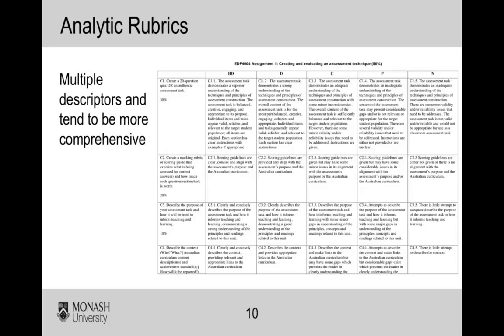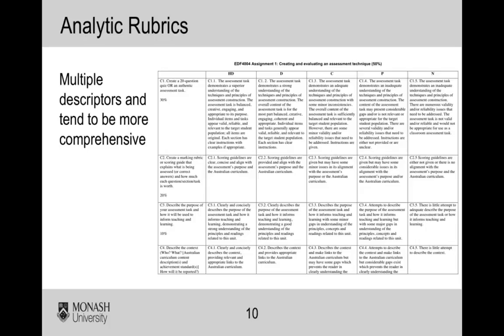So the rows are the criteria, the indicators; they're basically what we're assessing. And the columns, in this case HD, D, C, and so on, are called the levels. It can get kind of confusing, but basically rows are the criteria, the indicators, and the levels are the columns.